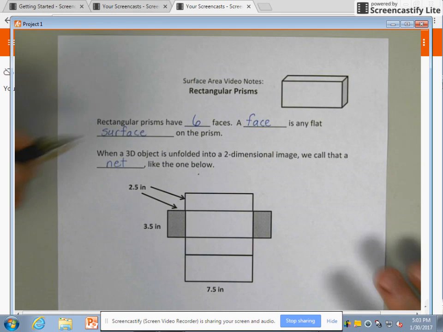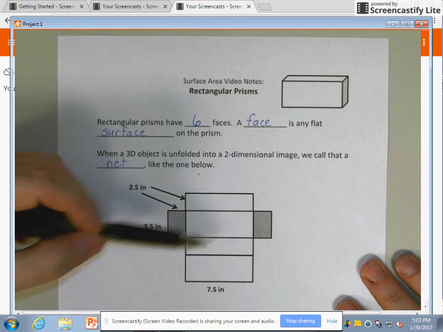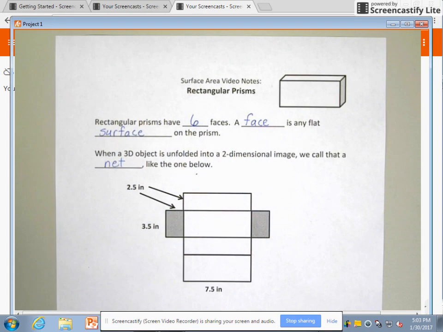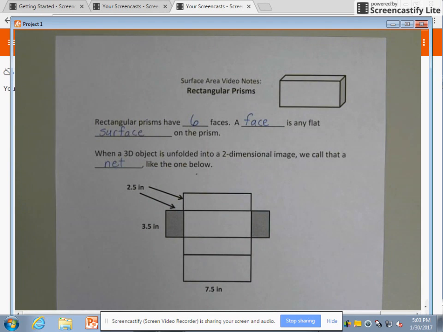Pretty easy. We want to find the area of all 6 of these, and so for total surface area, we're just going to calculate all 6 surfaces and add them together.